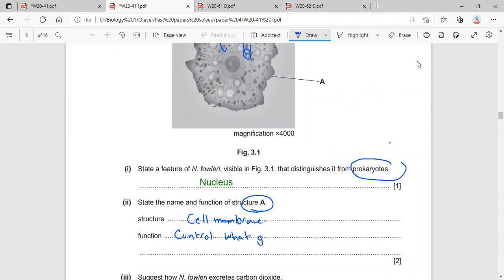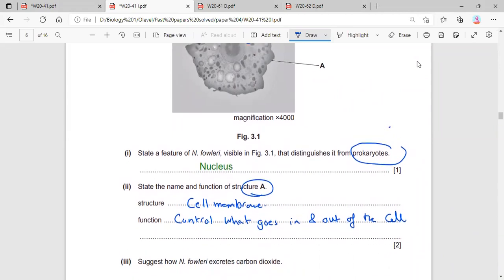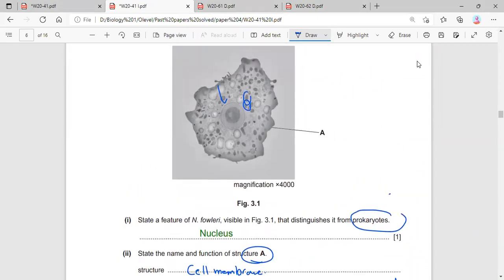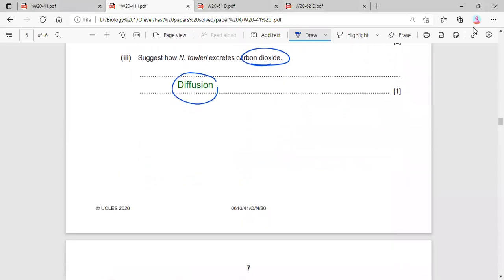Okay. Suggest how the N. fowleri excretes carbon dioxide. How is carbon dioxide excreted? Just like any gas, carbon dioxide will leave the cell by diffusion. This is how it is excreted. Okay.